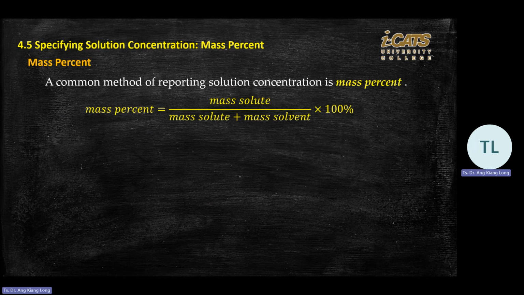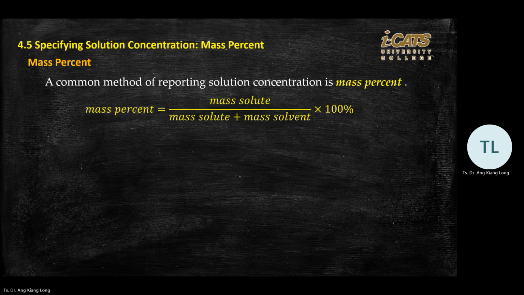36 divided by 136, multiplied by 100. How many? 36.47.